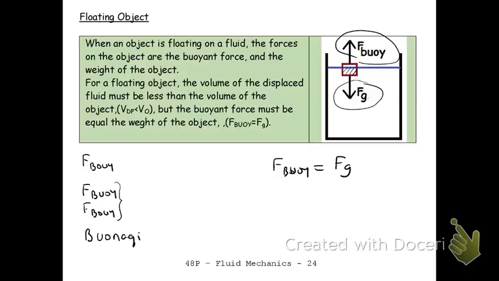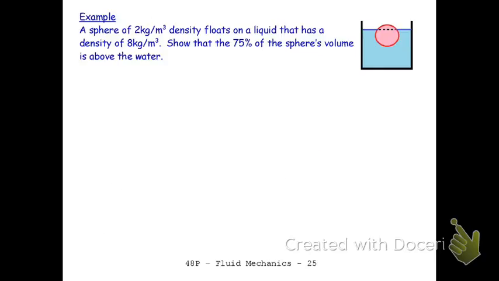So when an object is floating on a fluid or at the surface of a fluid, the forces on the object are a buoyant force and the weight of the object. For a floating object, the volume of the displaced fluid must be less than the volume of the object. You can't displace more volume than you have, but you can displace less. But the buoyant force must be equal to the weight of the object. So here's an example.